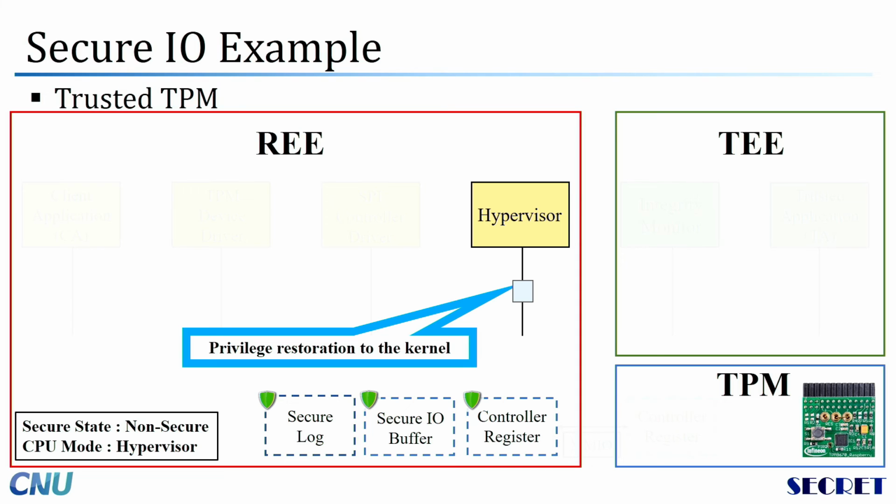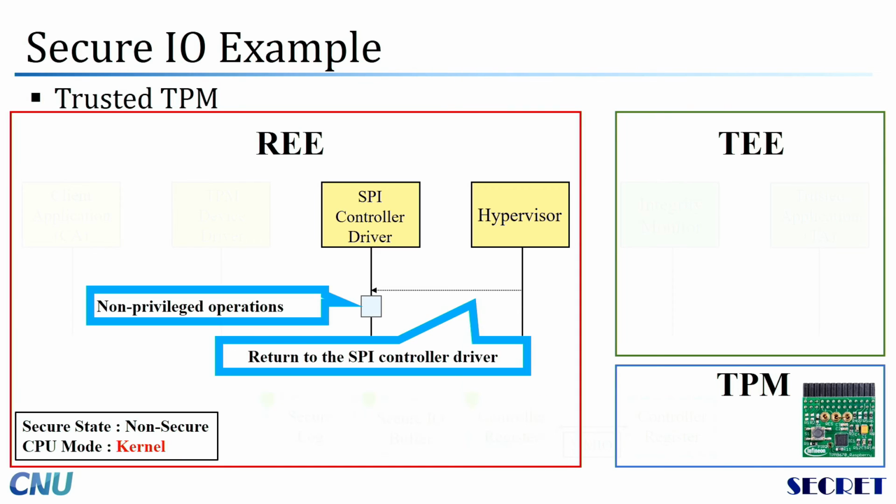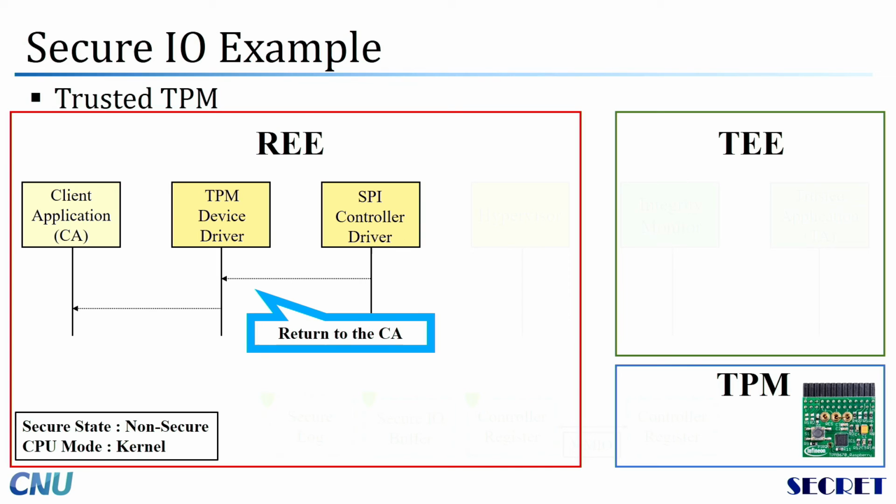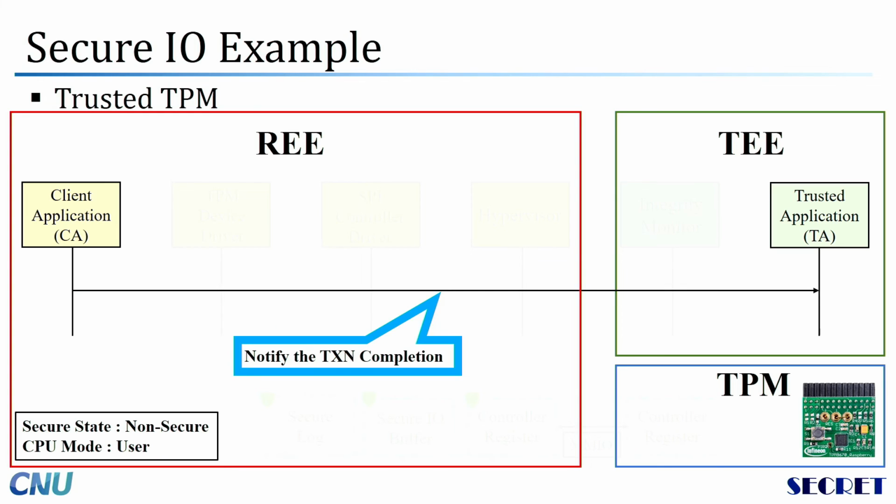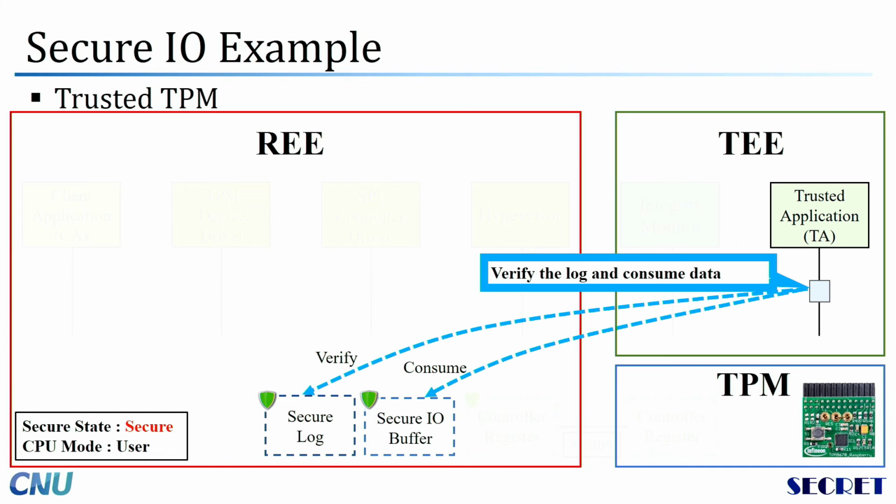The hypervisor restores the kernel context, switches the CPU mode to kernel, and returns back to the control driver. Once the transaction with the TPM is completed, the CA gets the control back. It notifies the transaction completion to the TA. The TA maps the secure log and I/O buffers, verifies the log, and consumes the result from the TPM.